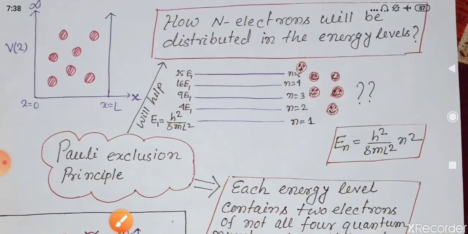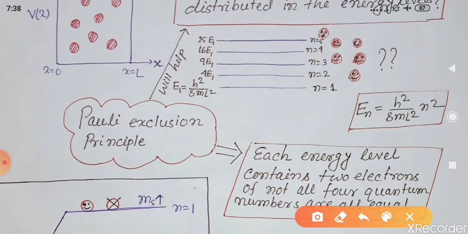If we consider the second electron now, the first electron occupies n equal to 1, that is E1, the ground level energy, and now we are considering where the second electron will be placed.